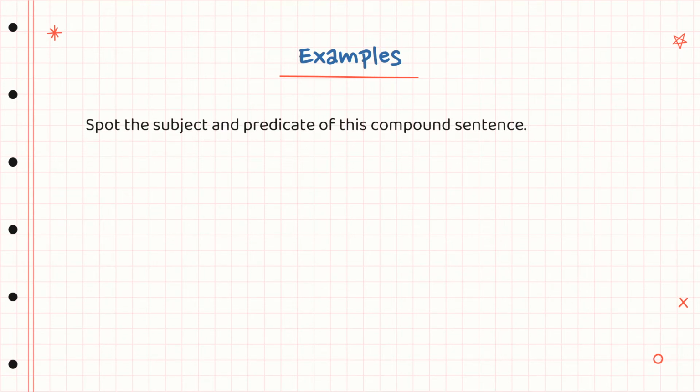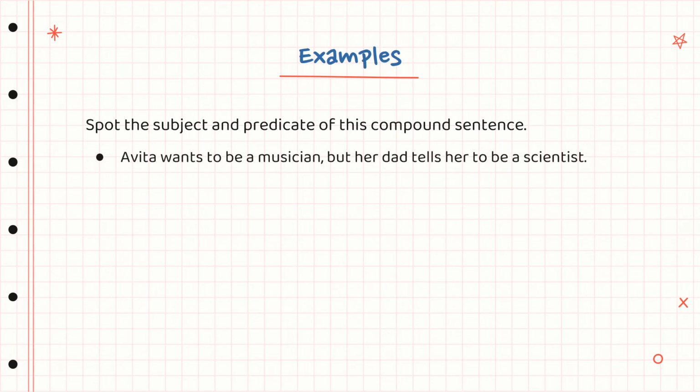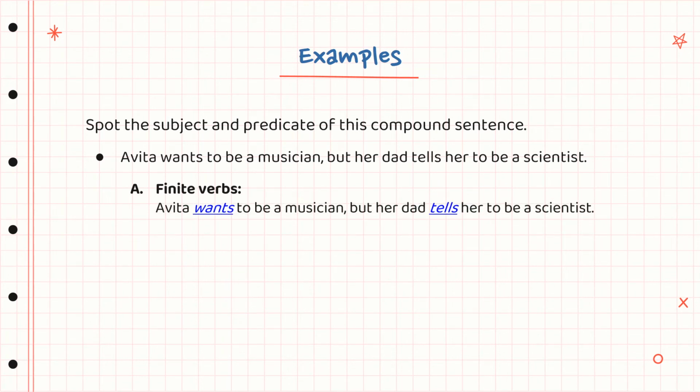Another example, spot the subject and predicate of this compound sentence. The sentence is, "Avita wants to be a musician, but her dad tells her to be a scientist." In this sentence, there are two finite verbs which are wants and tells. A compound sentence consists of two or more independent clauses which are connected by a coordinate conjunction.